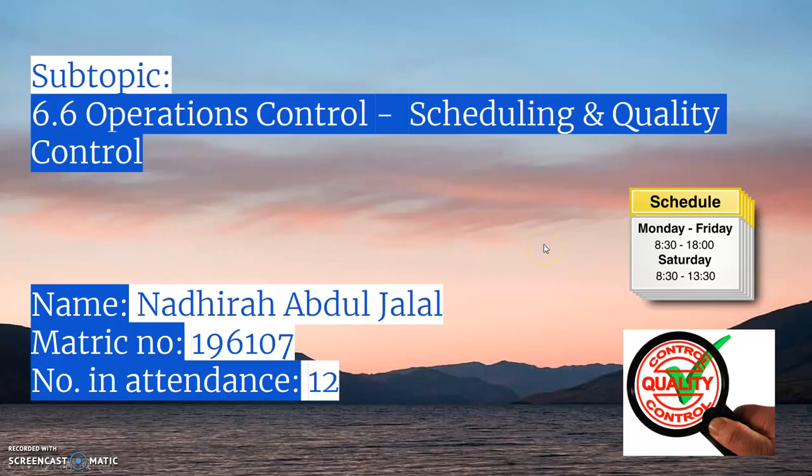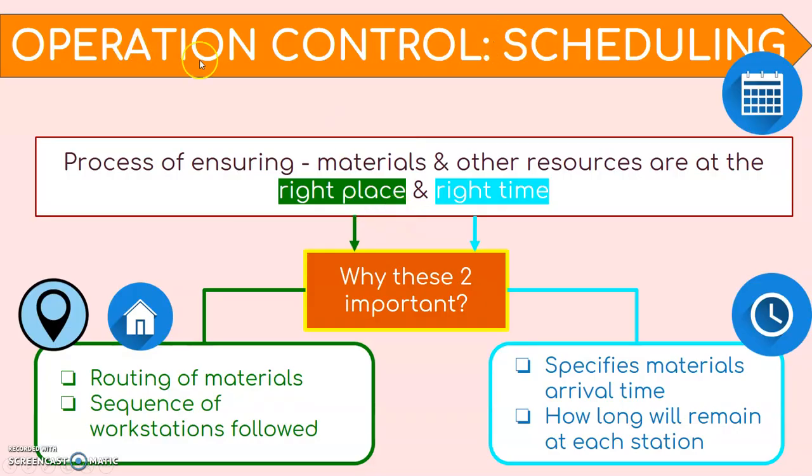Next is scheduling and quality control. Now operation control, scheduling. This is where you need to ensure that all the materials and other resources are available at the right place and the right time.